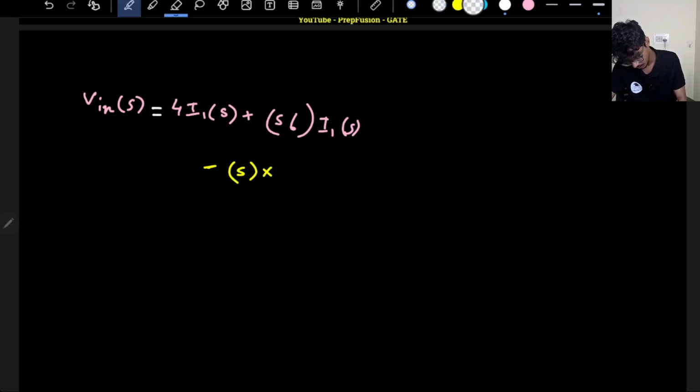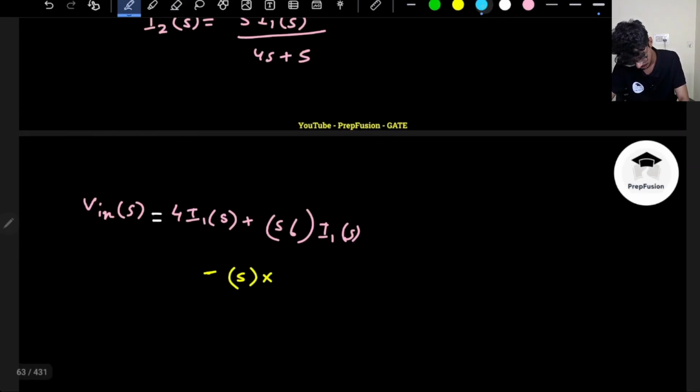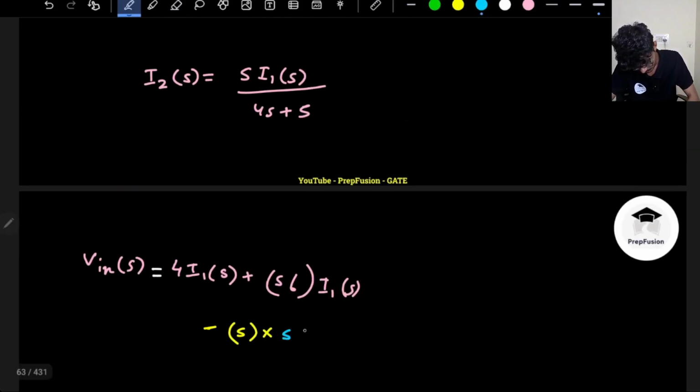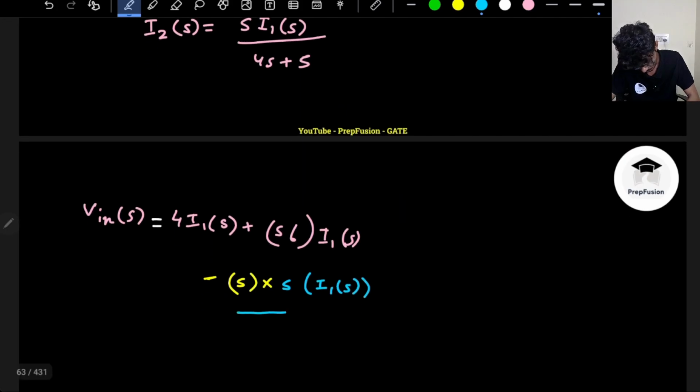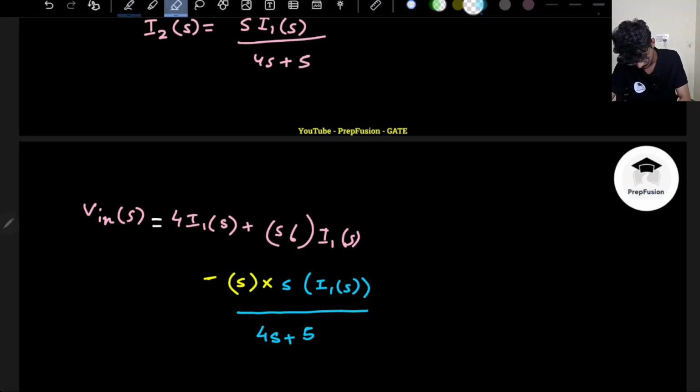I2 of S is S into I1 of S divided by 4S plus 5.